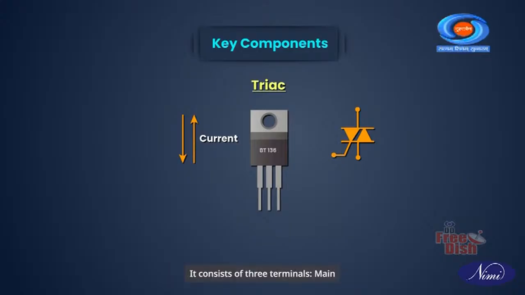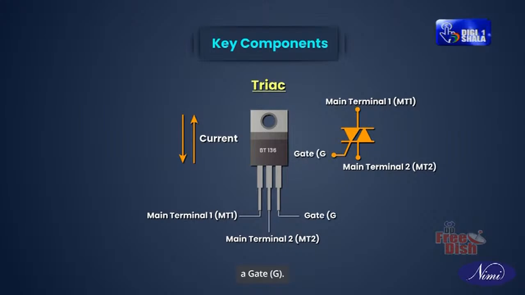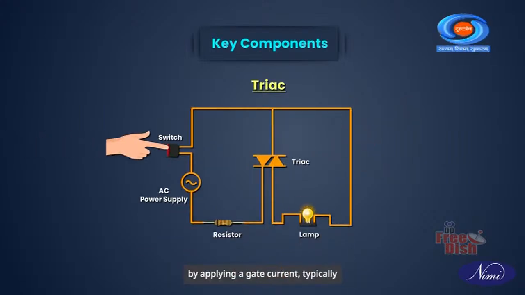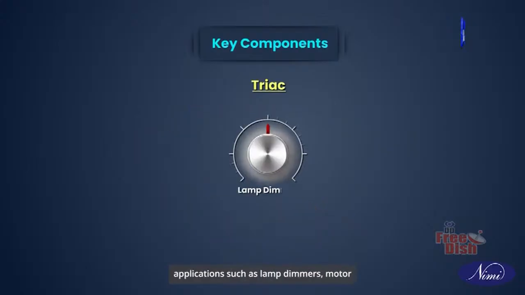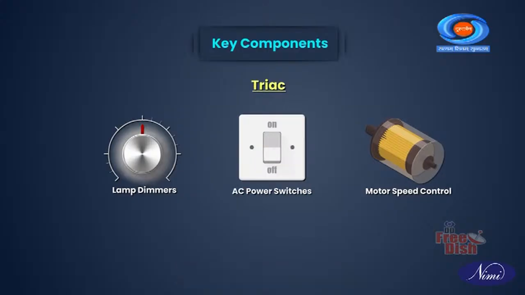It consists of three terminals: main terminal 1 MT1, main terminal 2 MT2, and a gate G. The triac can be triggered into conduction by applying a gate current, typically through a pulse of voltage source. It is commonly used in AC power control applications such as lamp dimmers, motor speed control, and AC power switches.